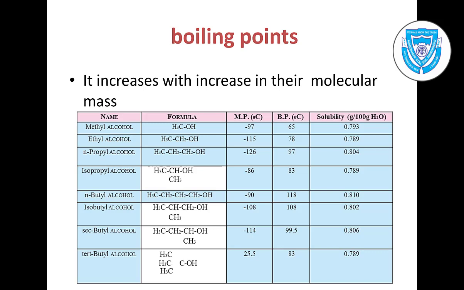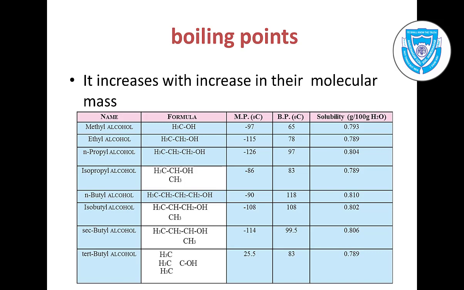But in the case of secondary butyl alcohol, the boiling point is 99.5. So when the branching increases, the boiling point would decrease. Same is the case for tertiary butyl alcohol. Here you have three branchings, so the boiling point obviously would decrease. Because of branching or side chains, the boiling point would decrease.